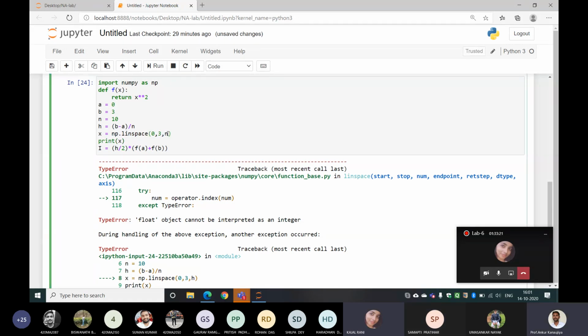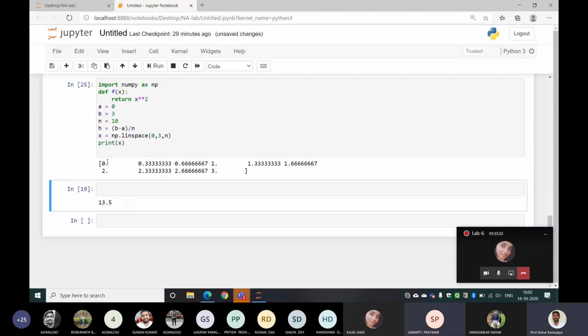So I'm just dividing the interval, and I'm getting 0, 0.33, 0.6. It is going up to 3. Is it clear for everyone? It is giving 0.33, that means 1 by 3.